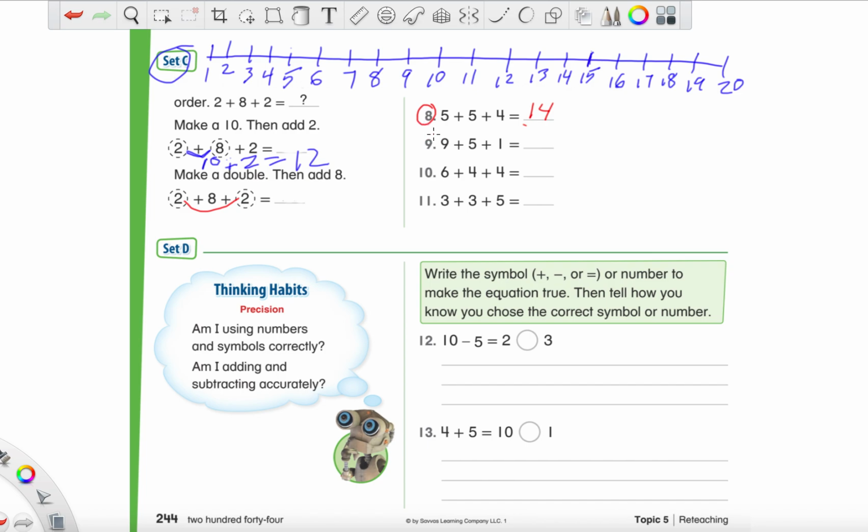Let's do one more together. I want you to try number 9 on your own, which is 9 plus 5 plus 1. Go ahead and try number 9 on your own.